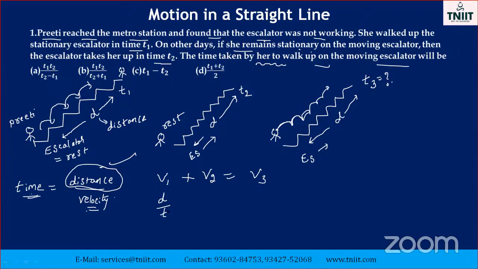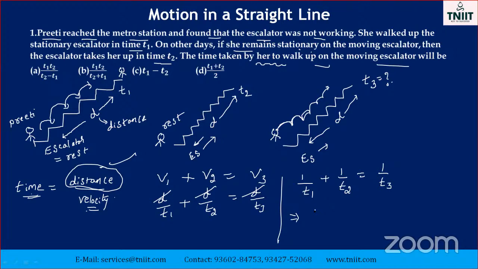V1 is d by T1, V2 is d by T2, V3 is d by T3. Because the distance traveled in all three cases will be the same, this d will get cancelled out. So 1 by T1 plus 1 by T2 equals 1 by T3.